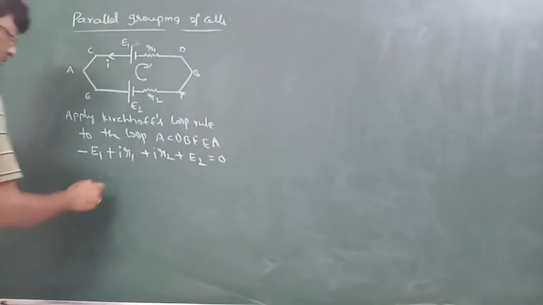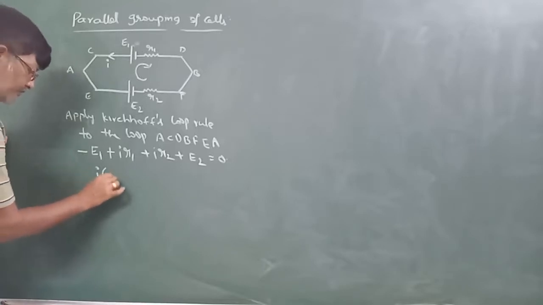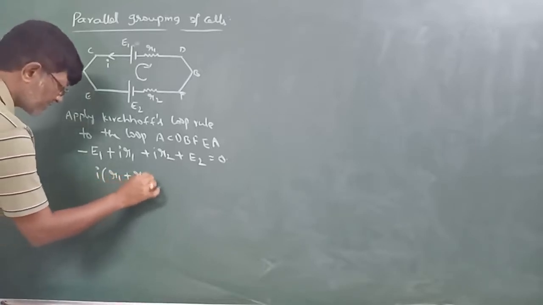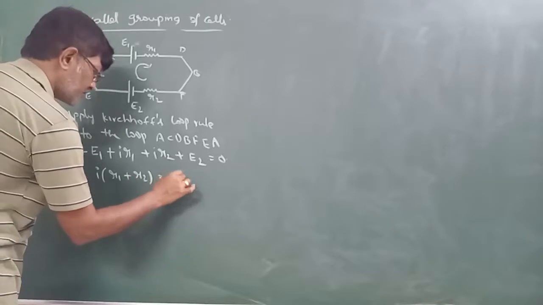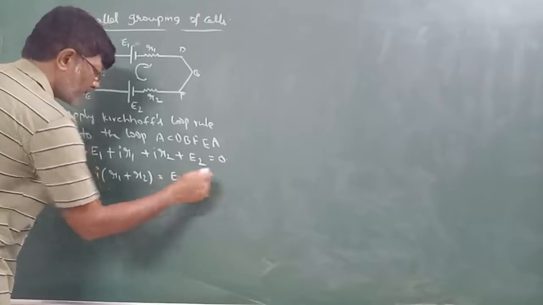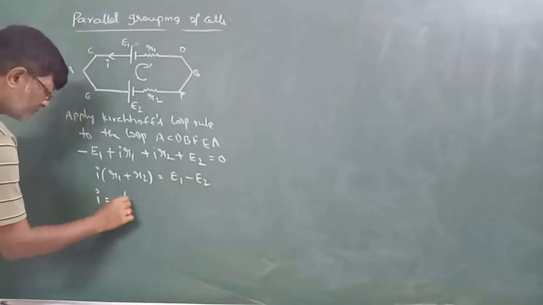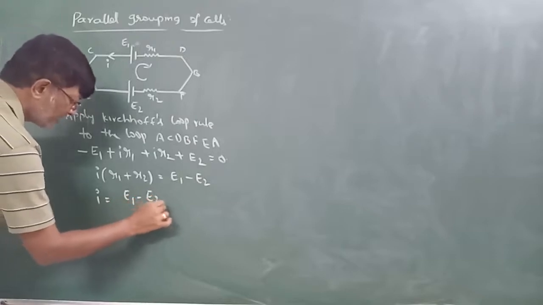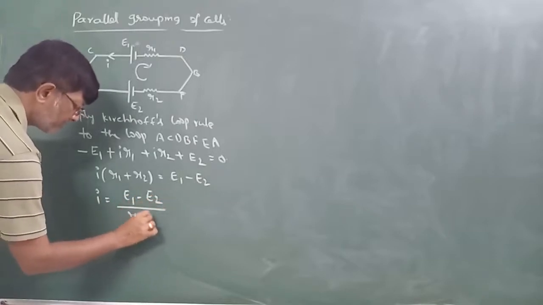So I of R1 plus R2 is equal to E1 minus E2. I is equal to E1 minus E2 by R1 plus R2.